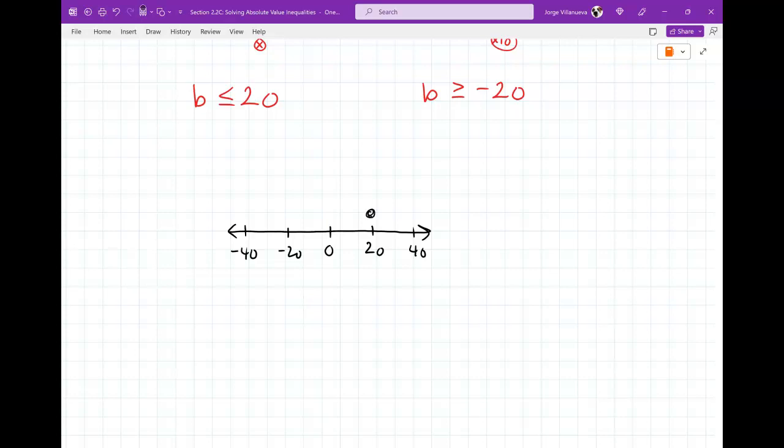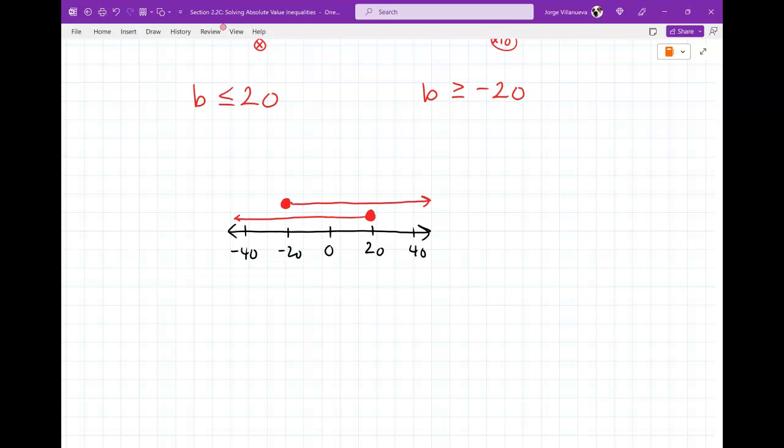So solid circle. Oops, let me change the color here. Solid circle at 20. And it's going left. The next one says b greater than or equal to negative 20. So I'm going to go to negative 20. Solid circle. Greater than or equal to goes right.